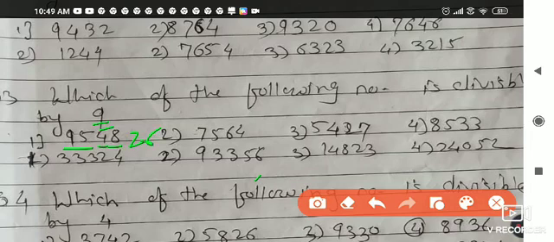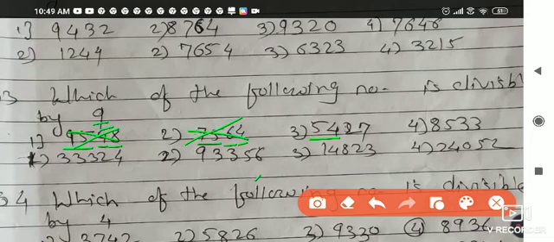Okay, 26 is not present in the 9's table, so the number is not divisible by 9. Next we will see 7 plus 5 is 12, 12 plus 6 is 18, 18 plus 2 is 20. 20 is not divisible by 9, so it is not present in the table, means it is not divisible by 9.